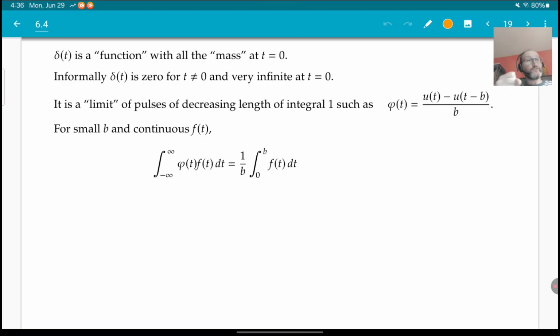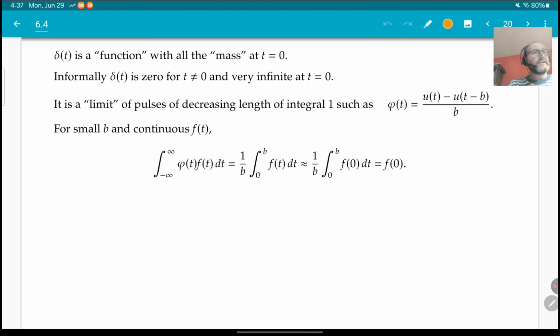On 0 to b, phi is 1 over b, and it's 0 otherwise. So I can just integrate from 0 to b, and really this integral is just this integral.